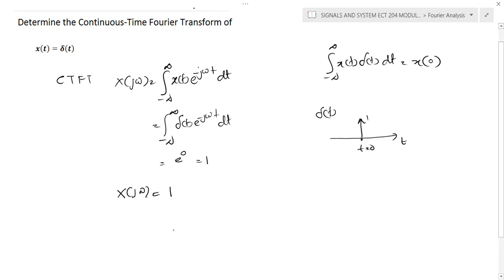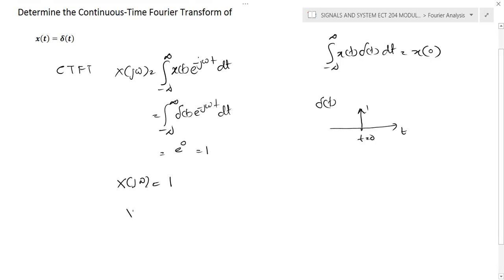That is, if you plot the magnitude of x of j omega, it's again 1. And angle of x of j omega means tan inverse imaginary by real. Here it's only a real quantity, so if you calculate tan inverse something, you will get 0.